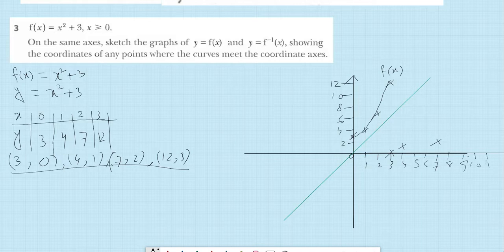This is 11. And this is 12. Now our point is (12, 3). So this is 12 and this is 3. Now join all these 4 points.